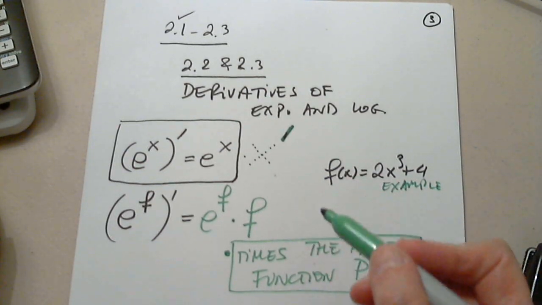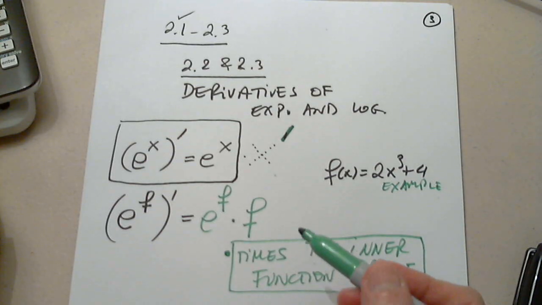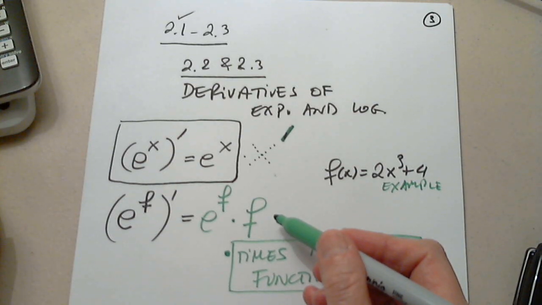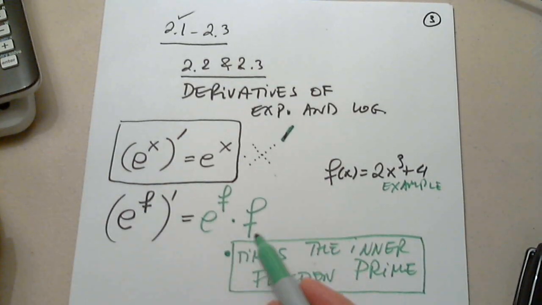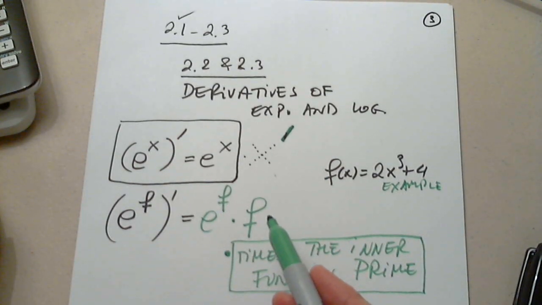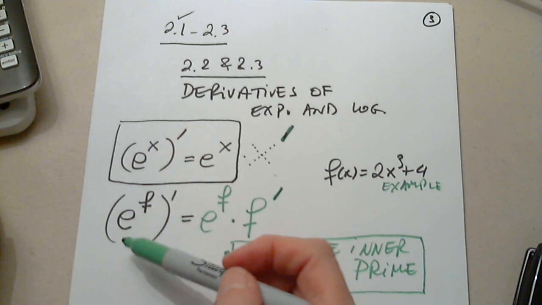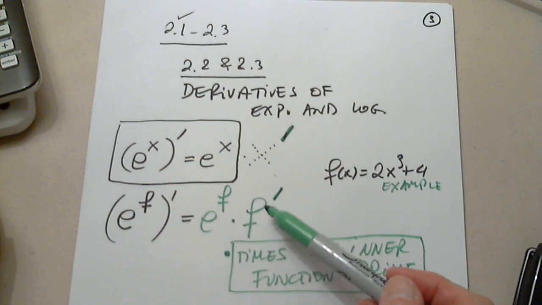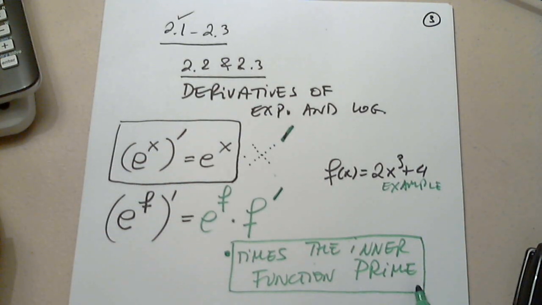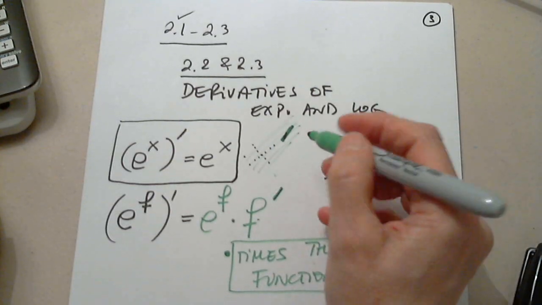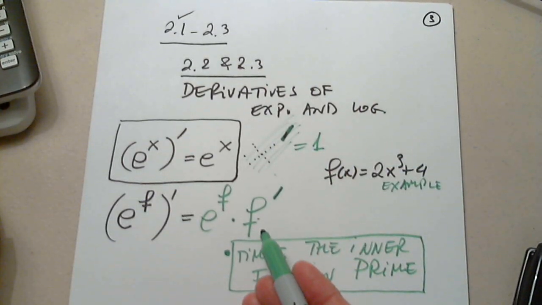I wrote it here. So what is missing here? The prime. Excellent. That's it. So e to the function, prime, is e to the function times the inner function prime. It's exactly the same formula. Here we have to omit it because it's 1, but here I cannot omit it because it's not 1.